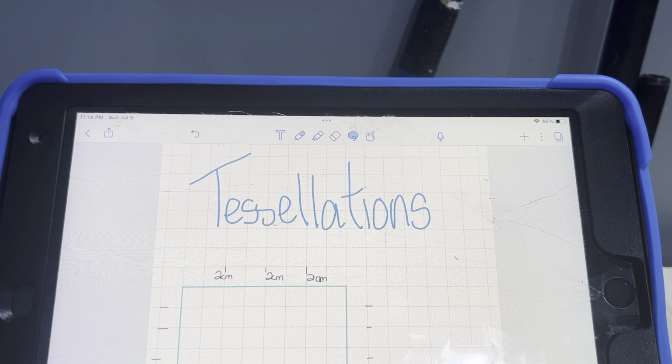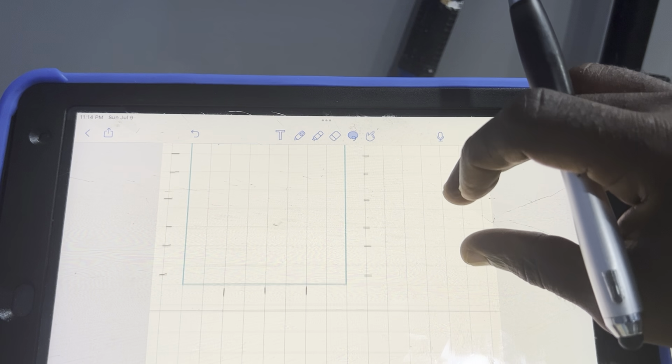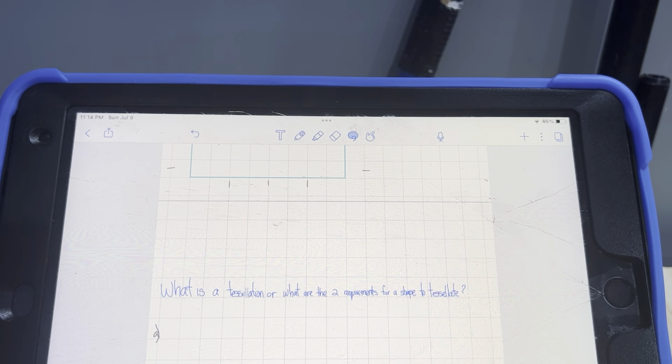So the first question we have was, what is a tessellation, or what are the two requirements for a shape to tessellate? You could pause the video and fill in your answers. Again, I asked you guys to please take notes as you're watching the videos, so that you're able to refer to your notes and the information doesn't get wasted.